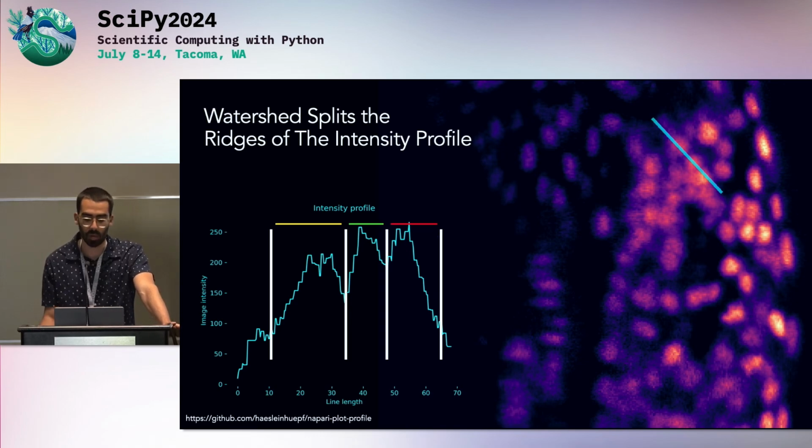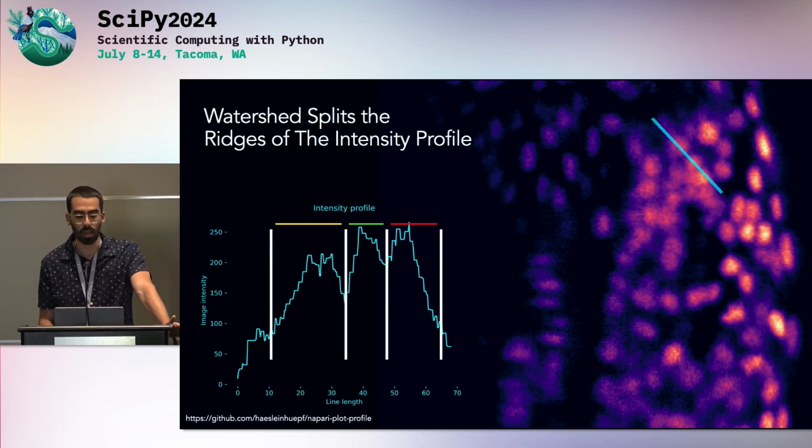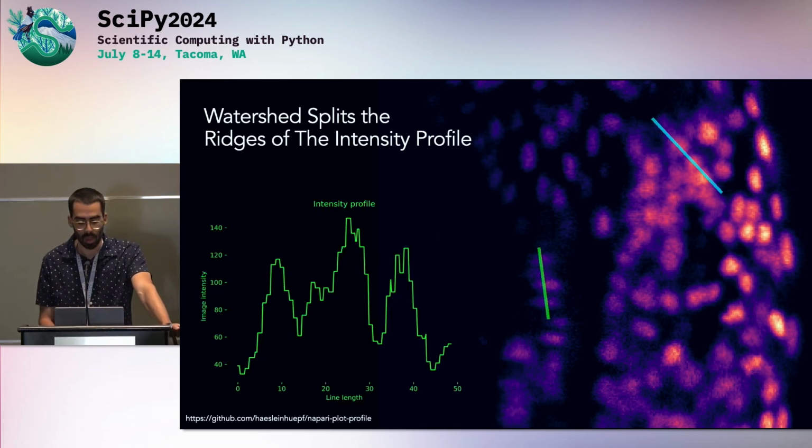So here we would have 3 cells. But you can see the signal is somewhat noisy, so depending on how much you pre-process and smooth the intensities, you get different results. What you want to do is smooth enough to get rid of the non-significant dips in the intensity, while still maintaining the boundary that splits the cells apart.